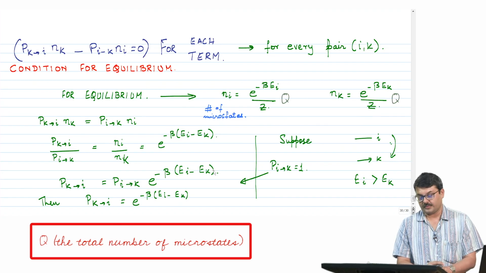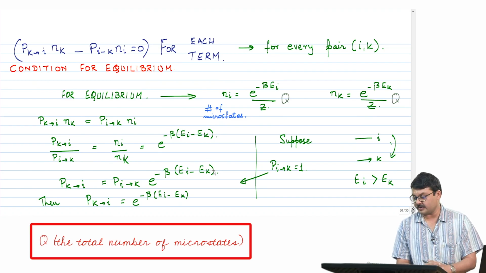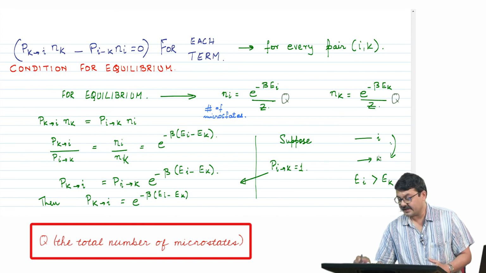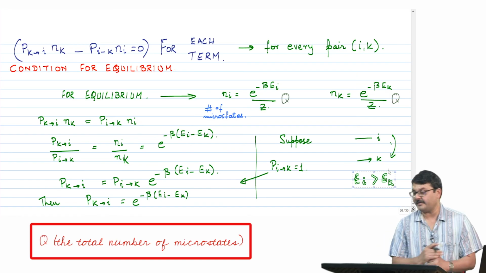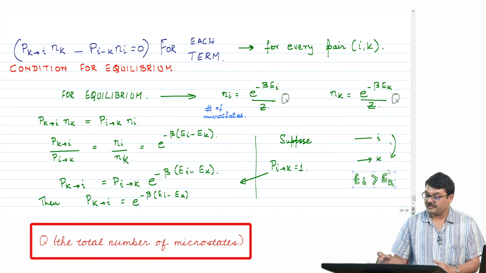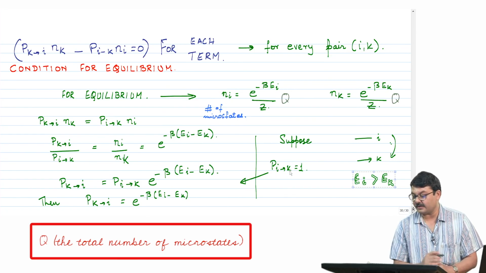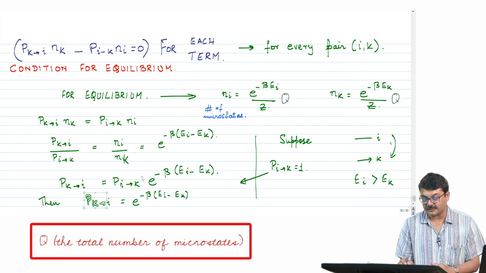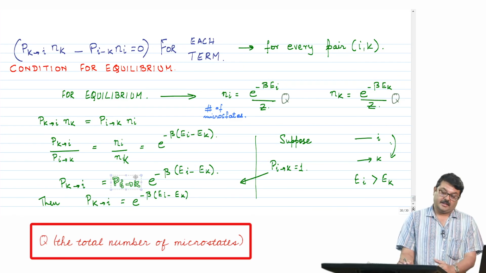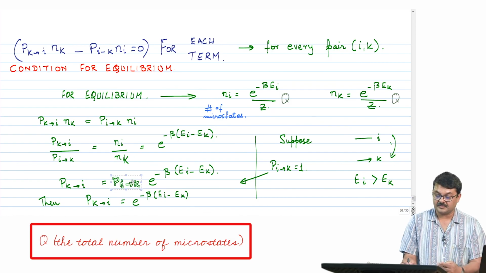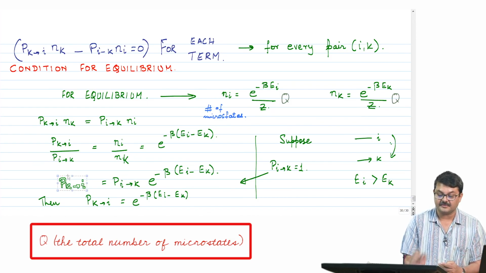Now, suppose the particular k I am talking about is such that i is higher than k, which means E_i has a higher value than E_k. And if we set P_ik equal to 1, then P_ki automatically becomes fixed. Basically there are two unknowns here, so if we fix this value, the value of the other is immediately fixed.